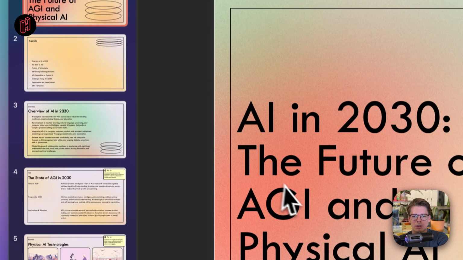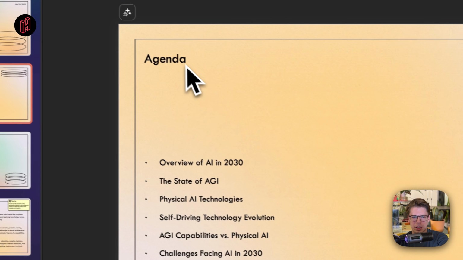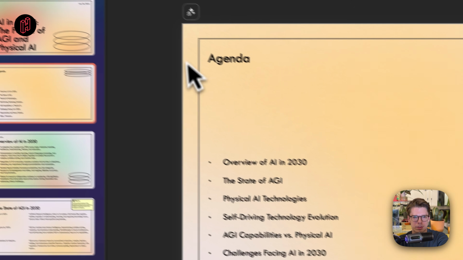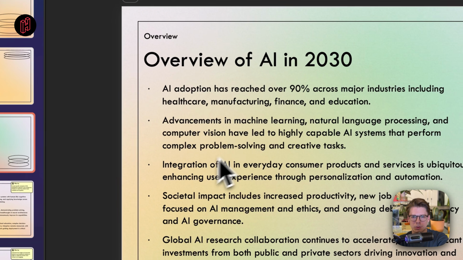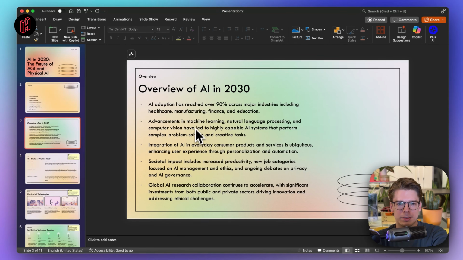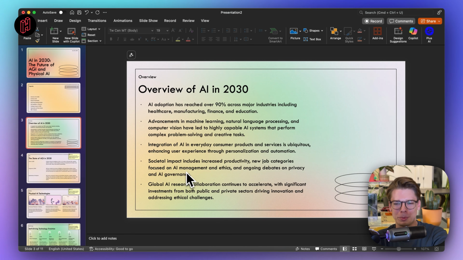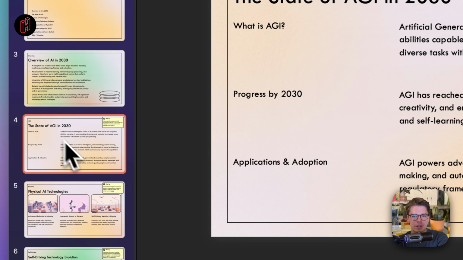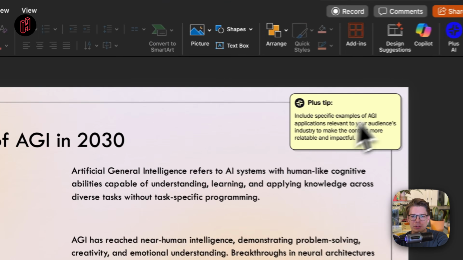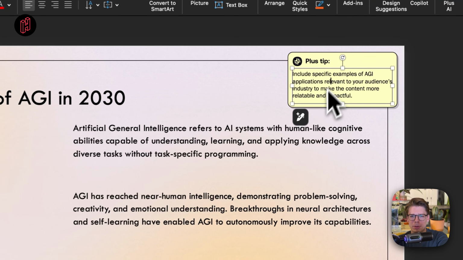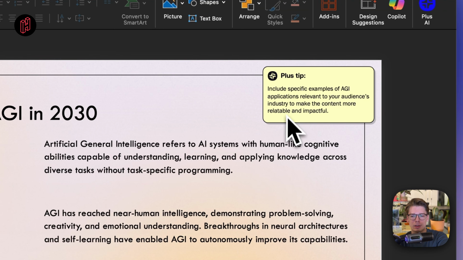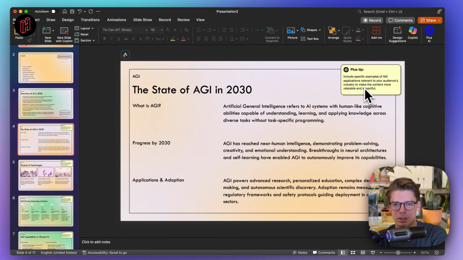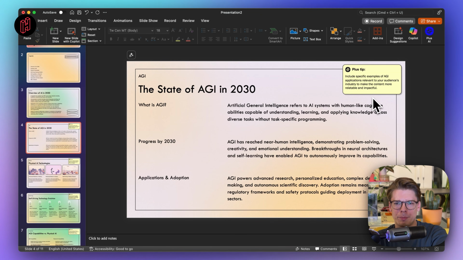Okay, let's take a look. So agenda, I guess this is how it is, and overview. It gives this intro. Don't worry, I'm not going to go through all of it, but a quick skim looks pretty legit. And then you will see that it even has a tip for each slide, provided by Plus AI, on how you can improve each slide.